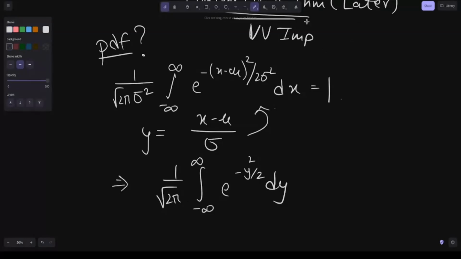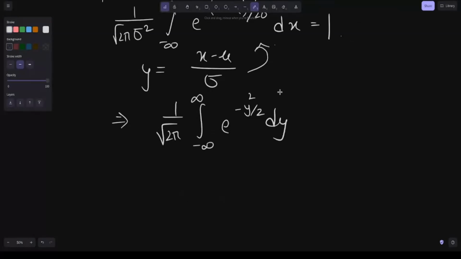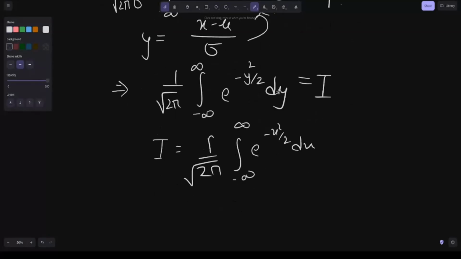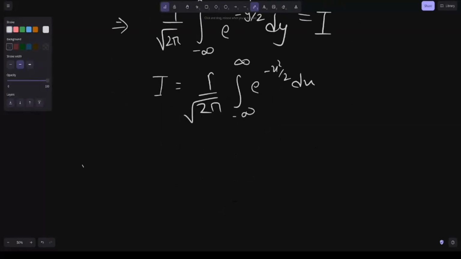So let this be I, and we can take another I as 1 by root over 2 pi integration from minus infinity to infinity e to the power minus x square by 2 dx. We can change the variables, right? Now we take I square.